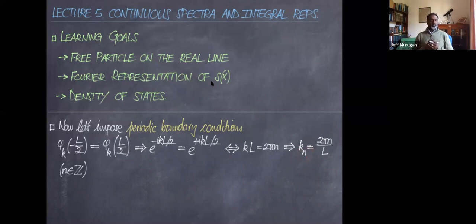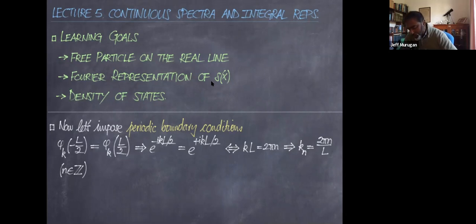So taking the system on the real line, imposing periodic boundary conditions so that that real line is then identified with a circle, constrains the possibilities that the eigenvalues can take, right? From any old eigenvalues to eigenvalues that are of the form 2 pi n over L for some integer n.